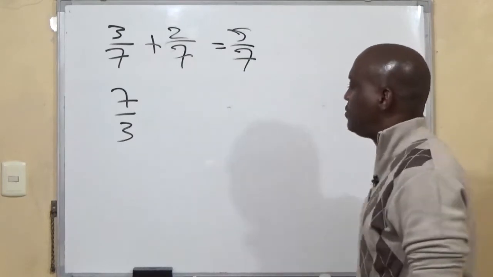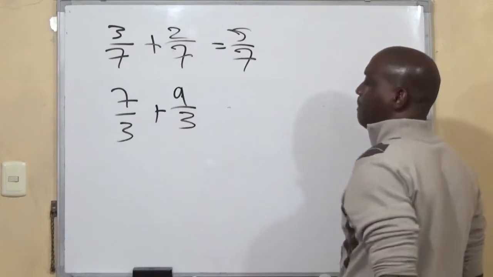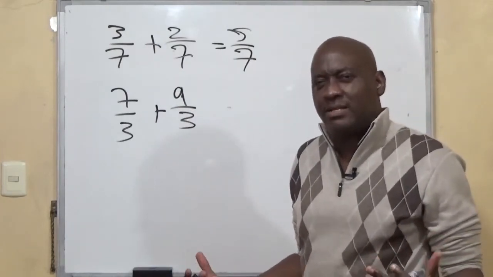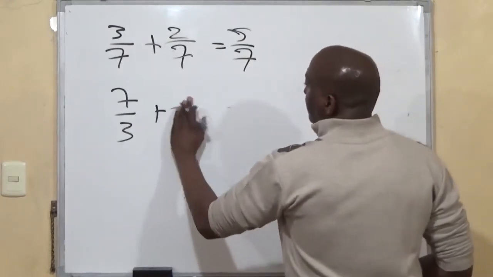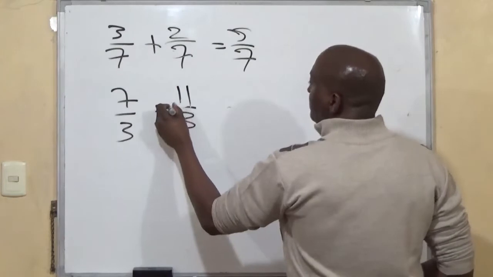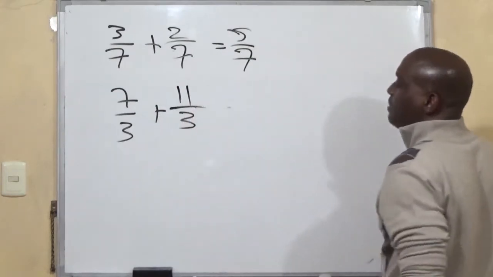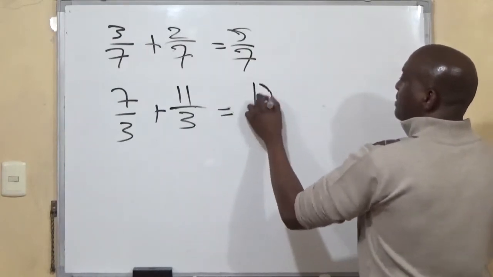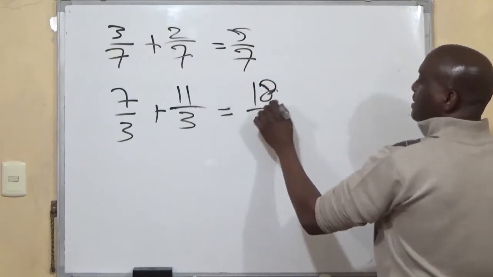If you have 7 over 3 and you have to add that to 9 over 3, again, something about that just tells you that 7 over 3 plus, let me not use 9, let me use 11. Because 9 is a multiple of 3 and 9 over 3 is 3. 7 over 3 plus 11 over 3, something tells you that 11 plus 7 is 18 over 3, which is equal to 6, but that is a separate conversation.